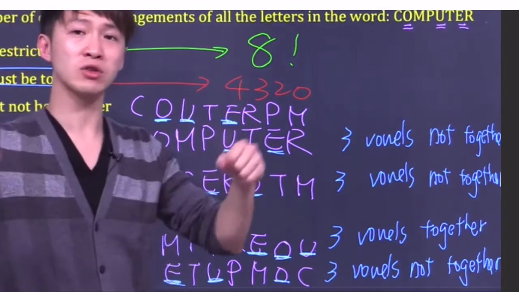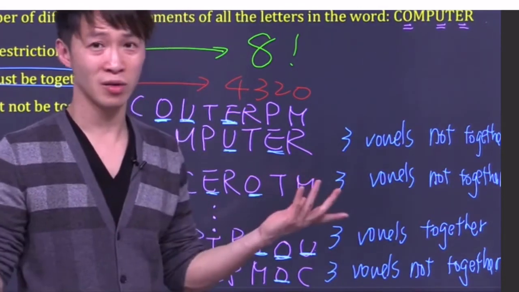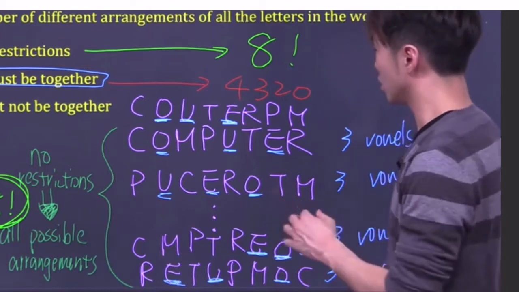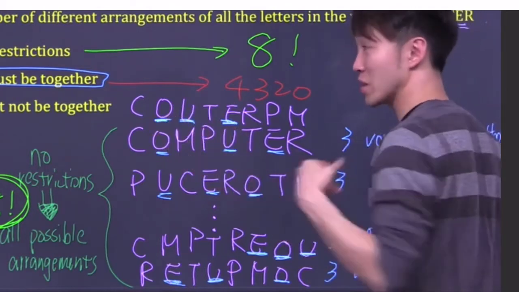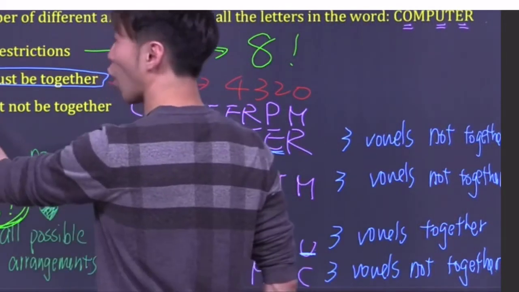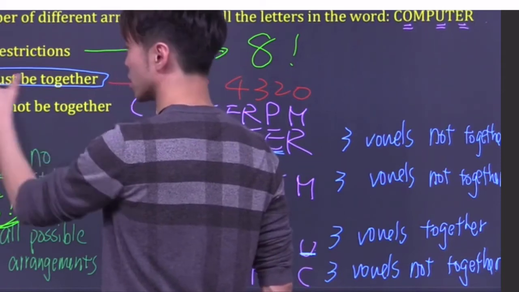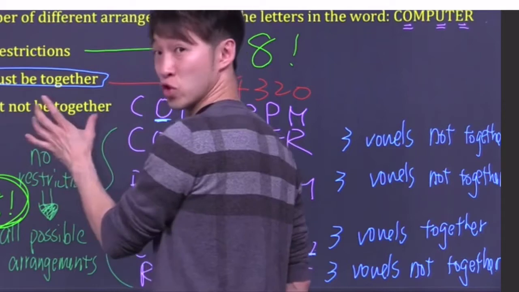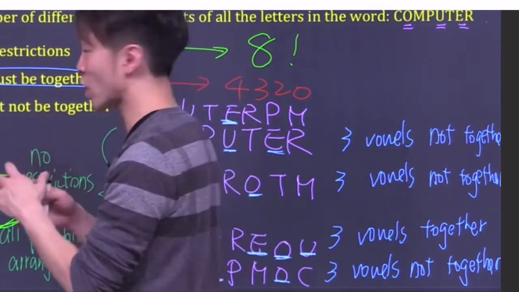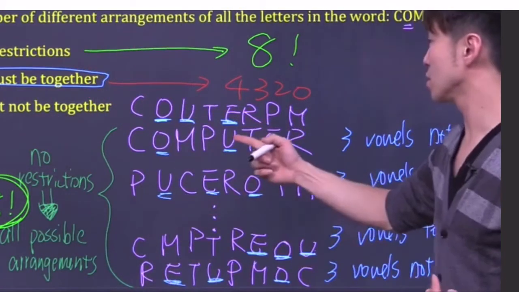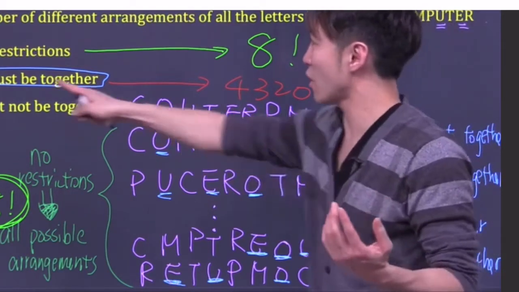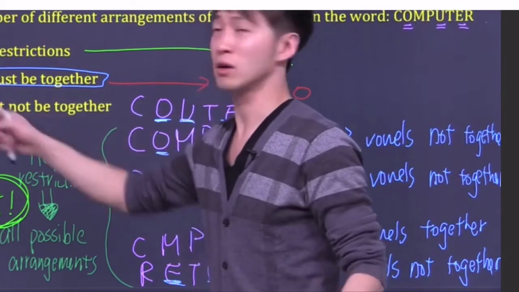Are the three vowels right next to each other? No. Still no, because here we only have two vowels together. But in this question, we are talking about all three vowels, either together or the other case. All three vowels are not next to each other. So in this case, although we have two together, that still doesn't satisfy the second question here, correct?